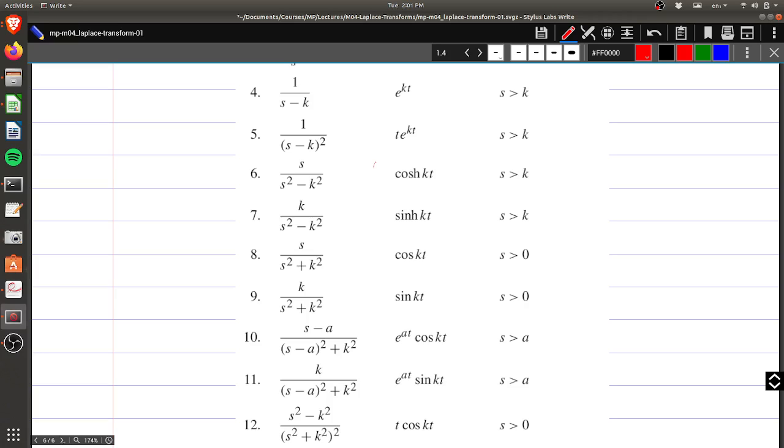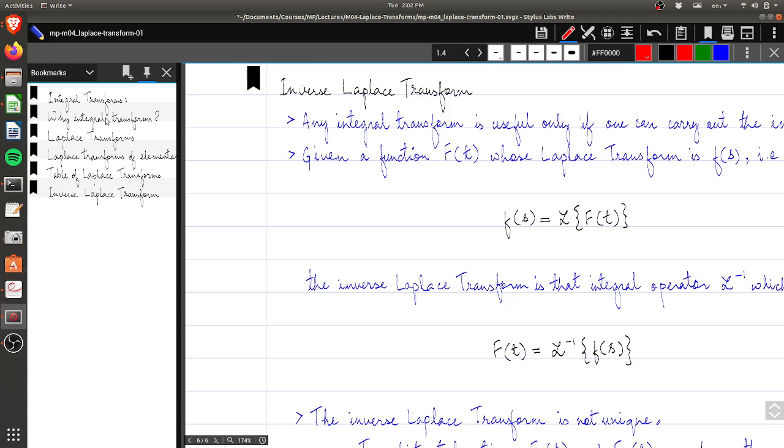Before doing that, let me tell you about the inverse Laplace transform. An integral transform is useful only if you can carry out the inverse transform. If you can't carry out the inverse transformation, it's of no use, because this is the whole purpose.